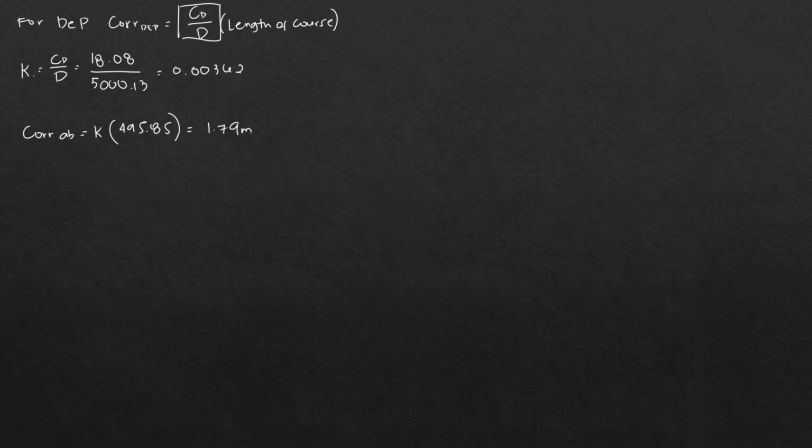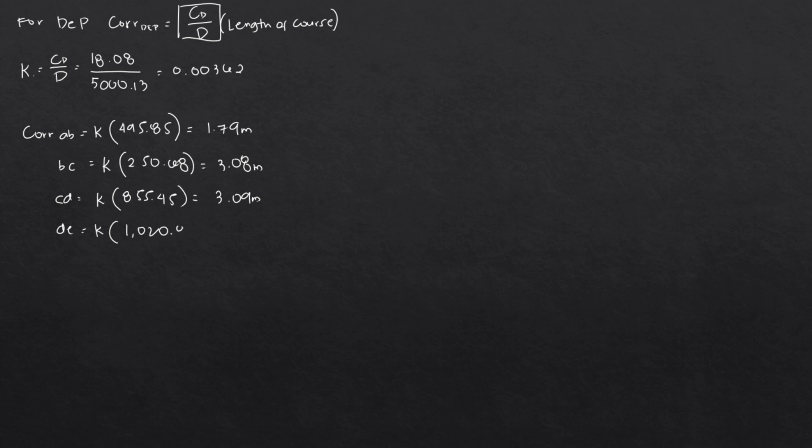Then, correction sa course BC. So, meron tayong K times length na 250.68 is equal to 3.08 meters. Ganun din sa CD. K natin, then length ng course CD natin is 855.45. CD natin ngayon is equal to 3.09 meters. Okay. Then DE natin, K natin times length ng course DE natin is 1,020.87.